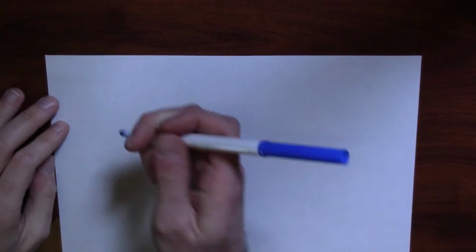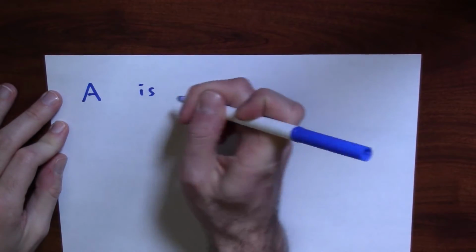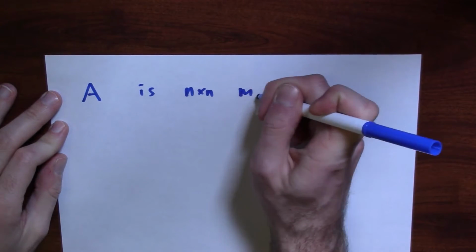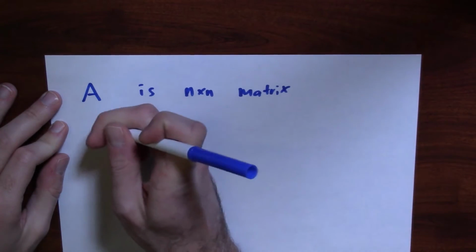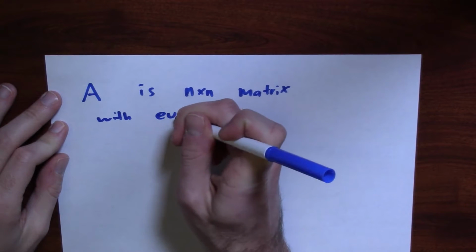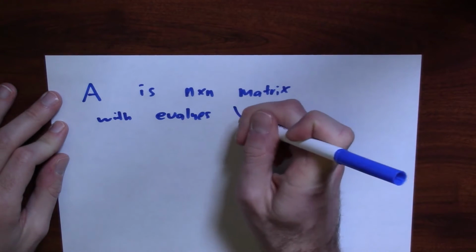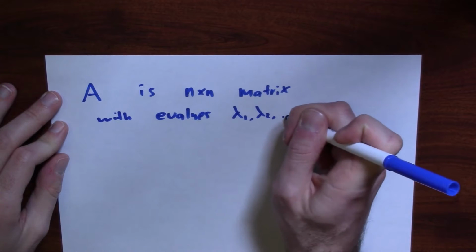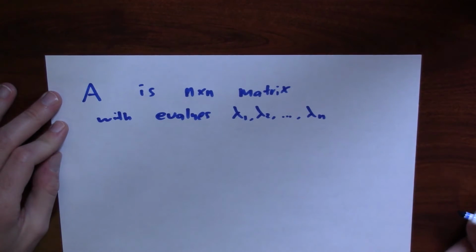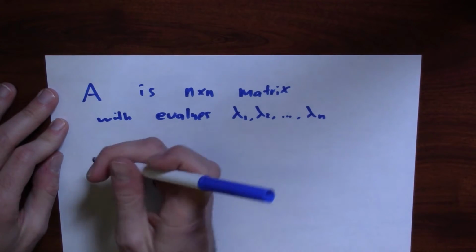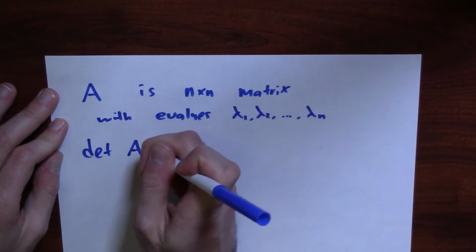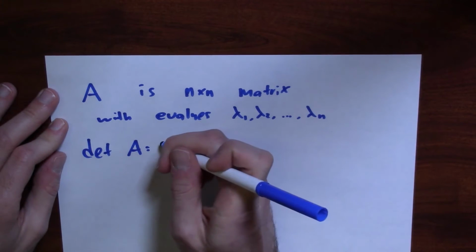These are all shadows of a more general property. So suppose that A is an n by n matrix with, let's say, eigenvalues lambda 1, lambda 2, dot, dot, dot, lambda n. Well, in that case, the determinant of A is just the product of these eigenvalues.